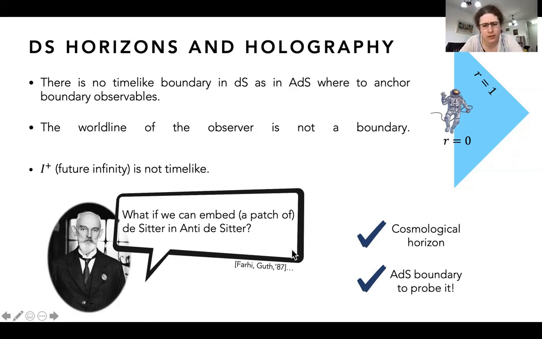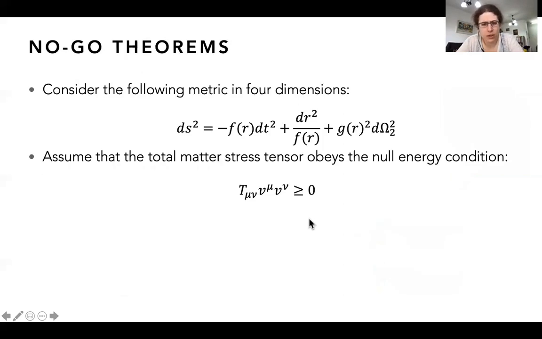So this was studied quite early on, not trying to do holography, but trying to embed De Sitter in Minkowski, under the title of "Can we build a universe in a lab?" And then later on in the context of holography, which I will discuss in a bit.